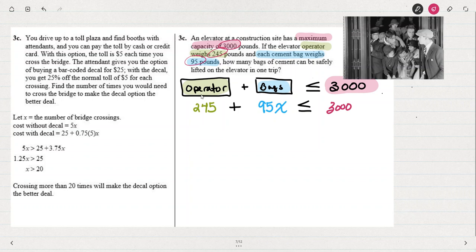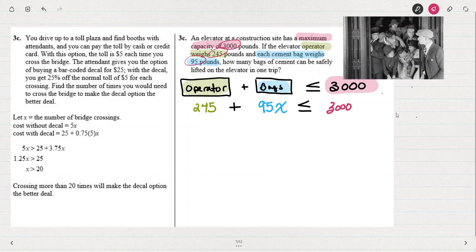So we've got the operator's weight of 245 plus the cement weight, 95 times each bag. Notice that that has to be less than or equal to the 3,000. The very most we can have is 3,000 pounds of weight.